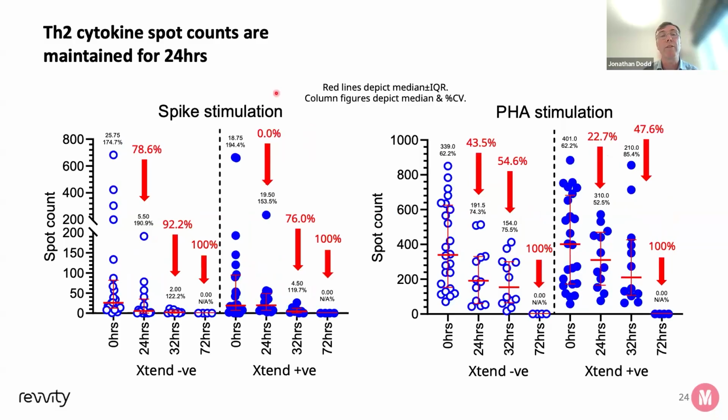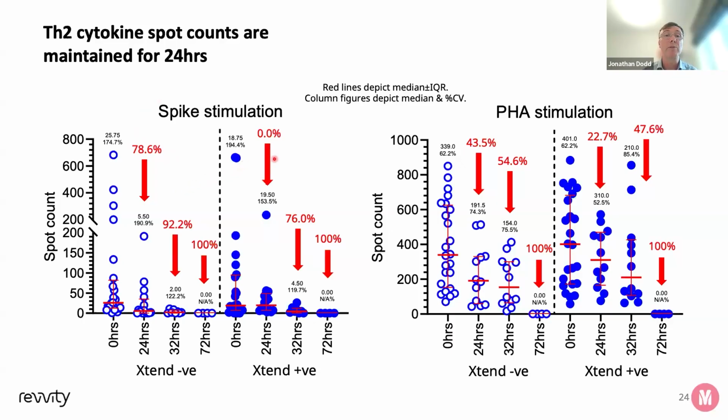We then asked the question whether it was specific to interferon gamma. And so in these graphs here, I'm showing you the combined cytokine spot counts for IL-4 and IL-5 in these assays. And what we found was that in the absence of T-cell extend, upon spike stimulation, we saw an 80% reduction in spot counts at 24 hours, and they were lost by 32.